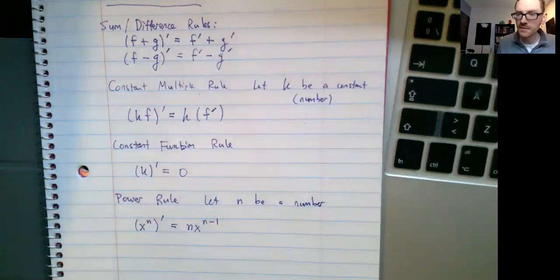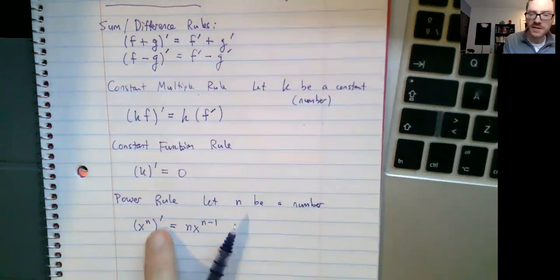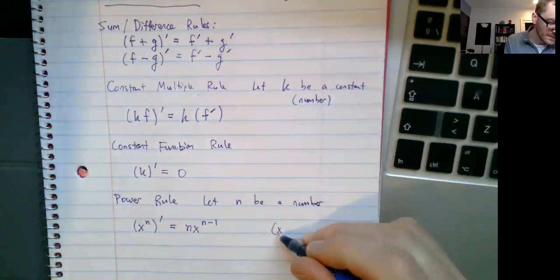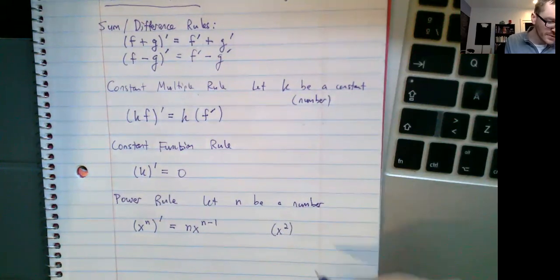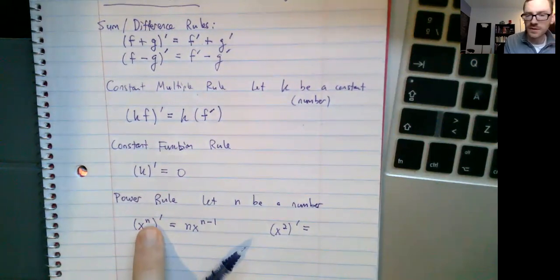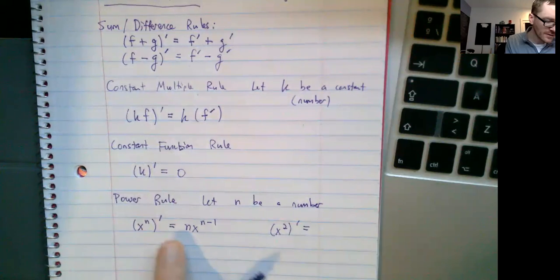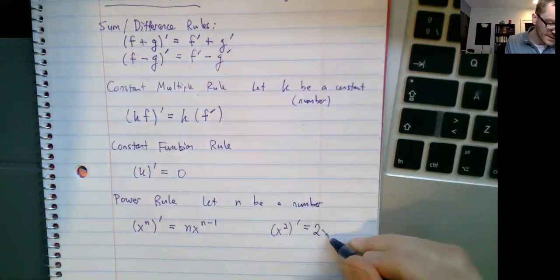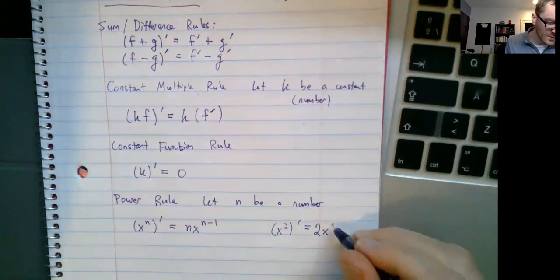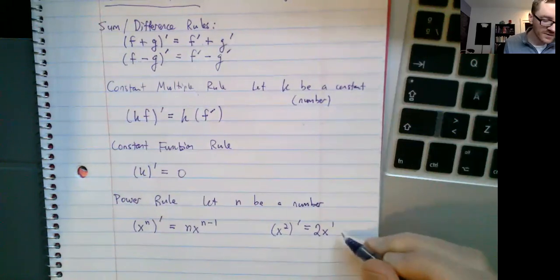Do you remember that the derivative of x squared was 2x? That's an example of this. This rule says n, the exponent, comes down and becomes a multiplier on the side, so 2x. And then you subtract 1 from the exponent. So 2 minus 1 is just 1. So 2x to the 1, but that's just 2x.